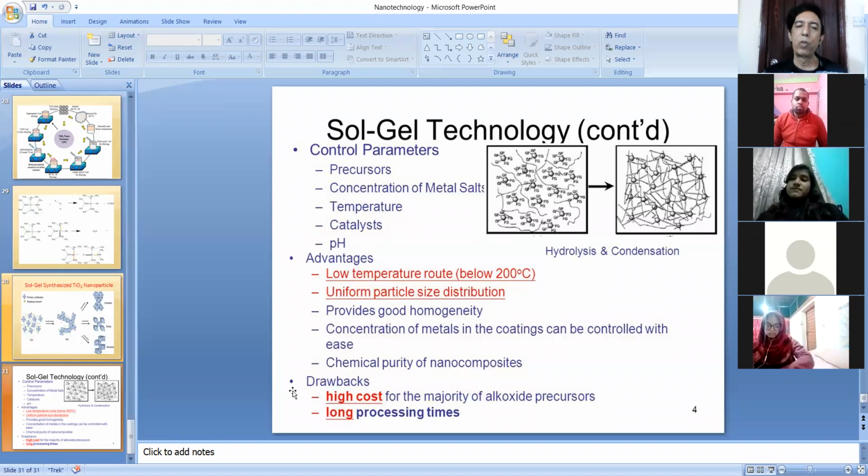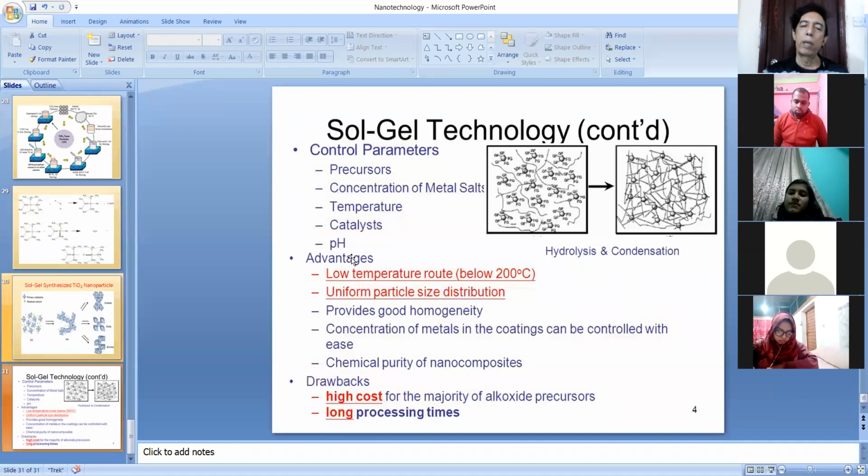But there are some drawbacks. What are the drawbacks? A high cost of the majority of alkoxide precursors, say titanium isopropoxide or tetramethoxysilane. They are very costly, and it has a long processing time.